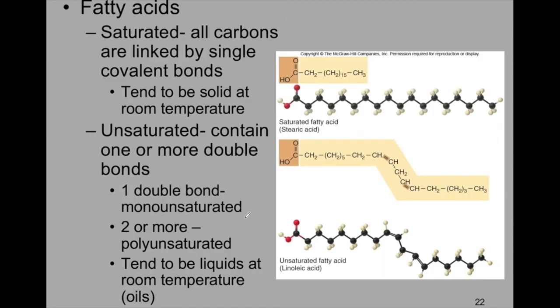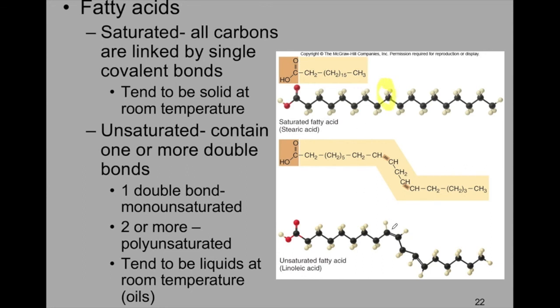Fatty acids can come as either a saturated or unsaturated fatty acid. Saturated fatty acids contain all single covalent bonds between the carbon molecules. You can see here that they are very long and linear and compact. Unsaturated carbon bonds means the carbons are not completely saturated by hydrogens. These are all carbons that are saturated by hydrogen molecules.